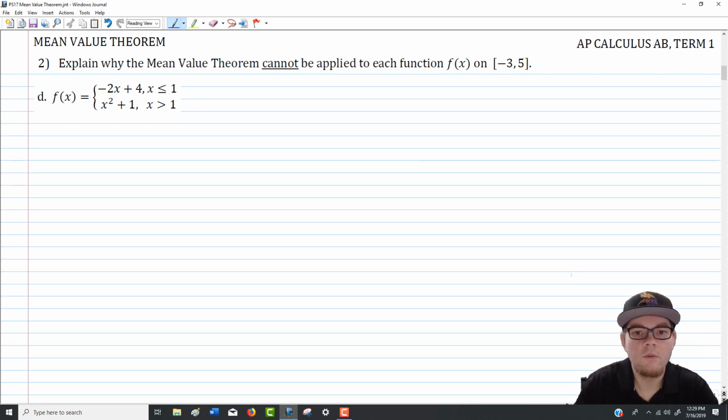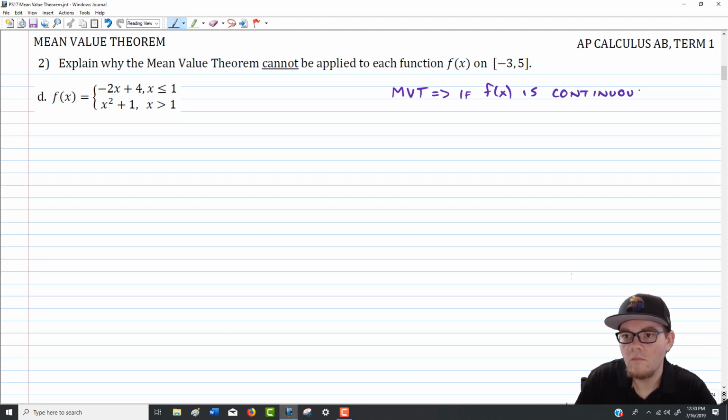Here we also are required to have a continuous function on a closed interval, but there are extra requirements as well. So it's worth pointing out first what the mean value theorem says. It says if f is continuous on the closed interval a to b, and continuity requires the closed interval, so the endpoints have to be there.